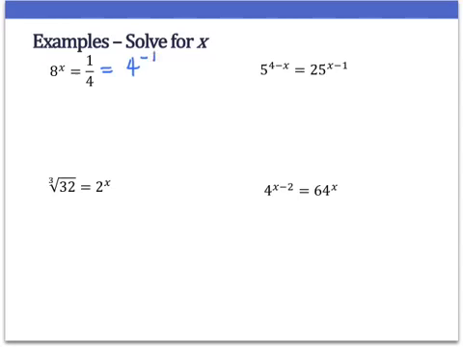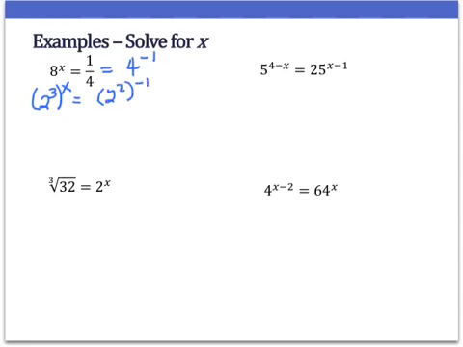Now, same base means I can write both 8 and 4 as powers of the same base. And 8 is the same as 2 cubed. But we don't get rid of the x. We're just replacing the 8. And here, the 4, we're not getting rid of the negative 1. We're just replacing the 4.